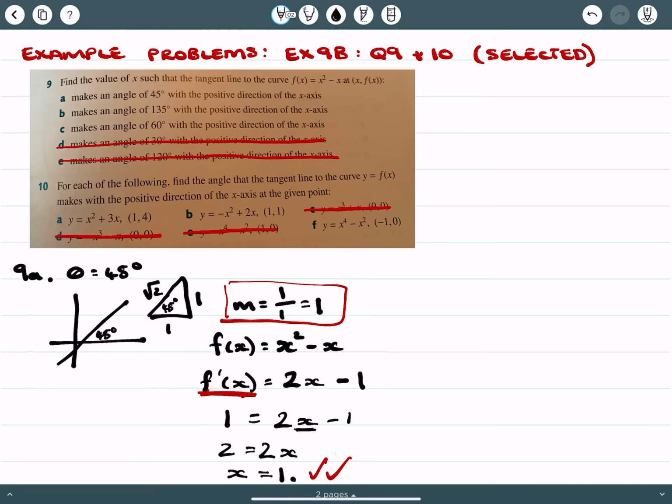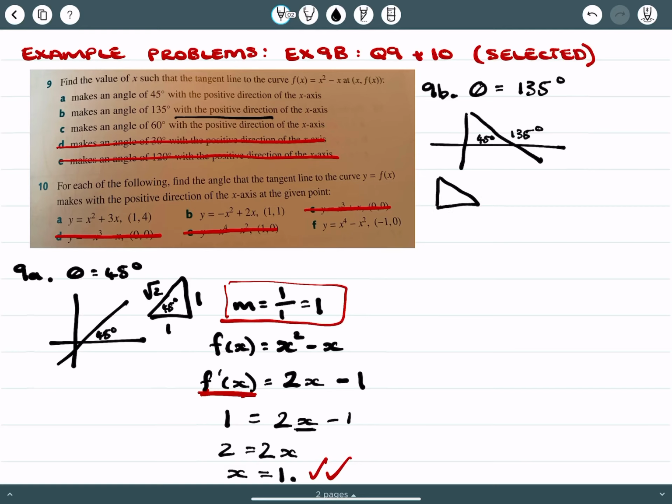I can do a similar thing when I look at 9b. Here my angle is 135 degrees. On my set of axes, this is 135 degrees, and remember it says with the positive direction of the x-axis, so this translates to 45 degrees like that.